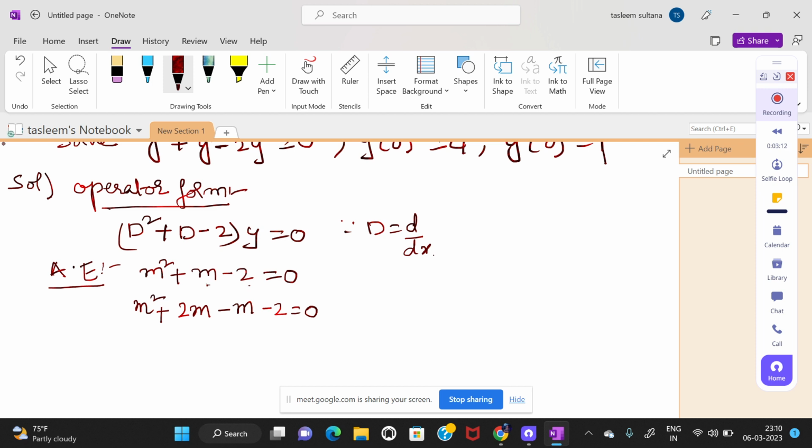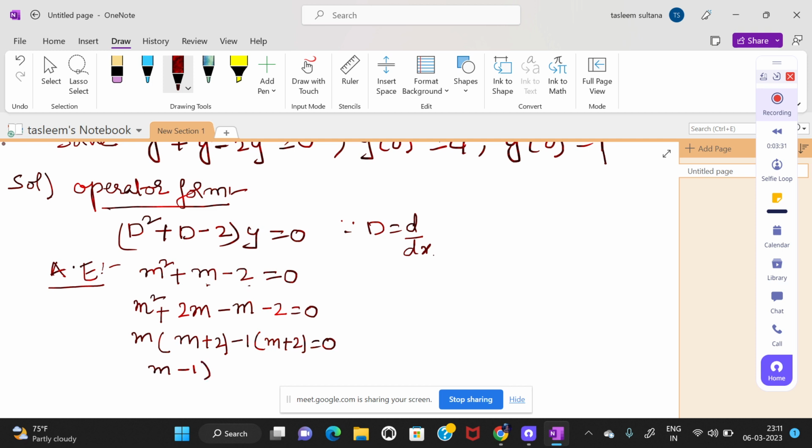From the first two terms we can take m as common: m of m plus 2. Then from the next we can take minus 1 as common: m plus 2 is equals to 0. From these two terms m plus 2 is common.